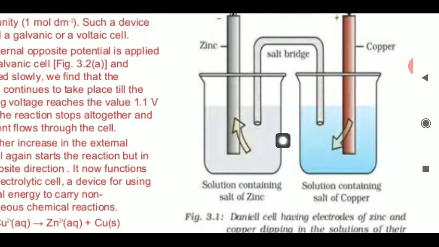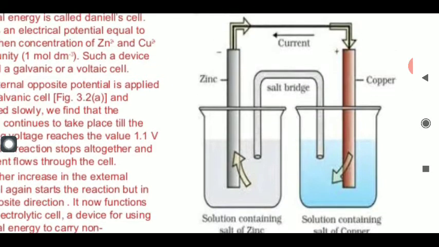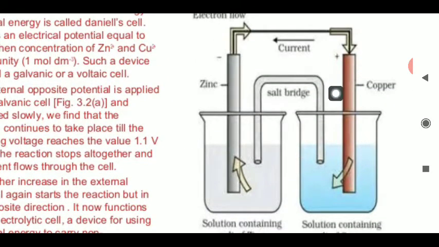The abundant zinc ions formed in this beaker exert a force of attraction on all the migrating electrons. On the other hand, at this site only the sulfate ions are left, and these sulfate ions have a negative charge. As the electrons come from this side to this side, the sulfate ions apply a force of repulsion.